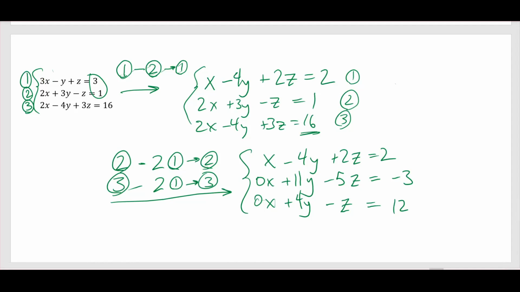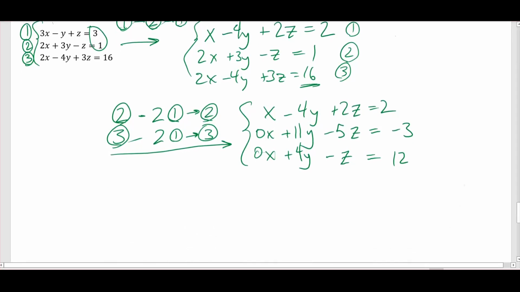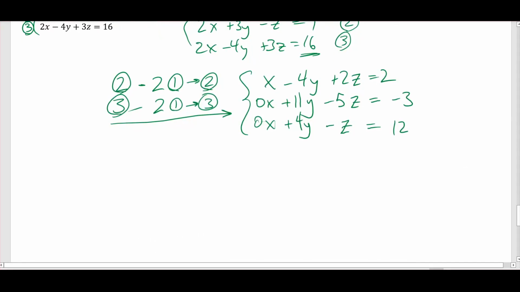So now we are almost there. We now need to get a 1 in this position here, and something that would be easiest would just be to interchange rows 2 and 3, right?